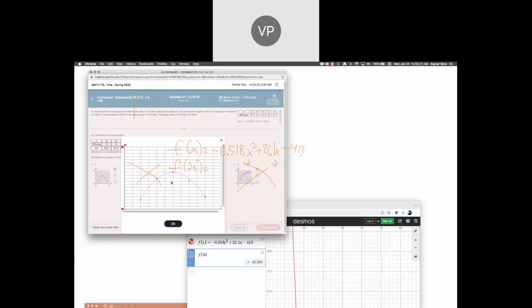Okay, so I've got a point right here at 26. I'll make sure we're counting by ones. So at 26, it looks like I'm at 43-ish.